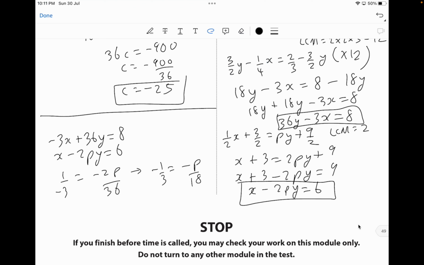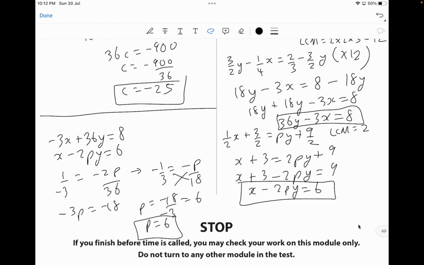Okay, so now this is true and the proportion is correct. So we're going to find the value of p. Multiplying gives negative 3p is equivalent to negative 18. So p is equal to negative 18 divided by negative 3, which gives you 6. So p is equivalent to 6.